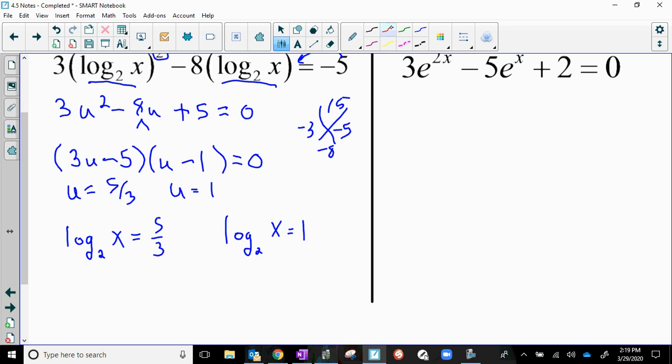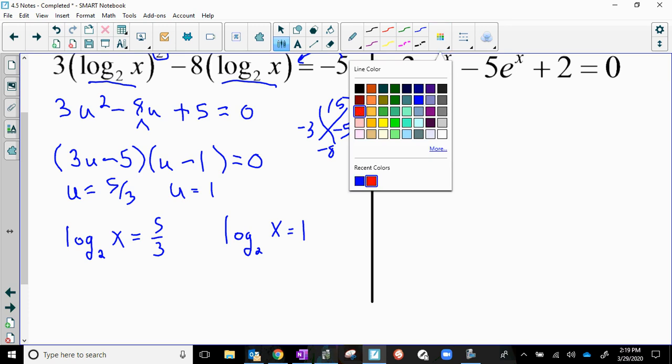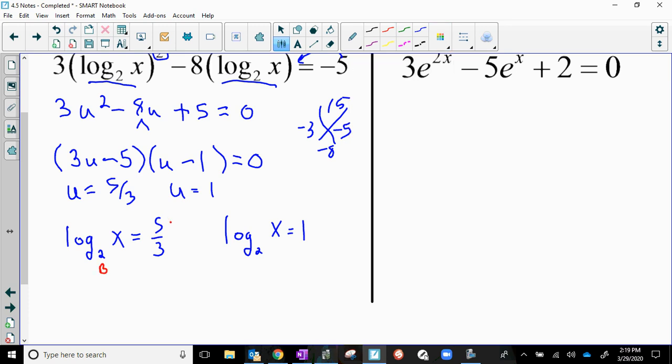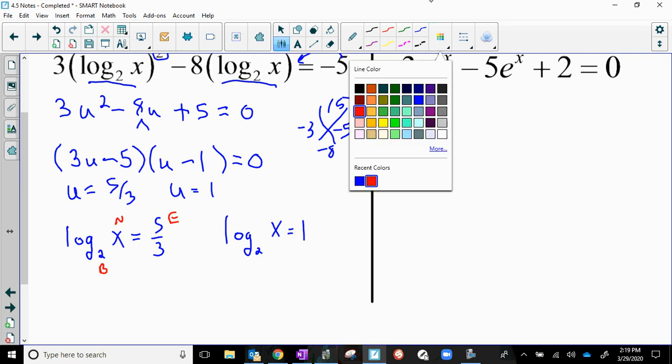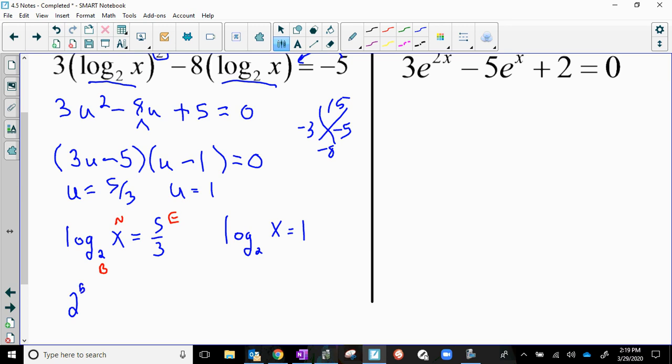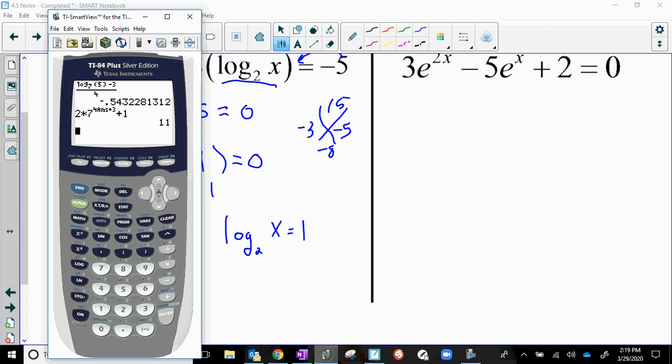I see my base is 2. Logs equal exponents, so that means the n is actually the x value. So 2 to the 5/3 equals x. There's my exact answer. If I want to, I can use a calculator to get a decimal.